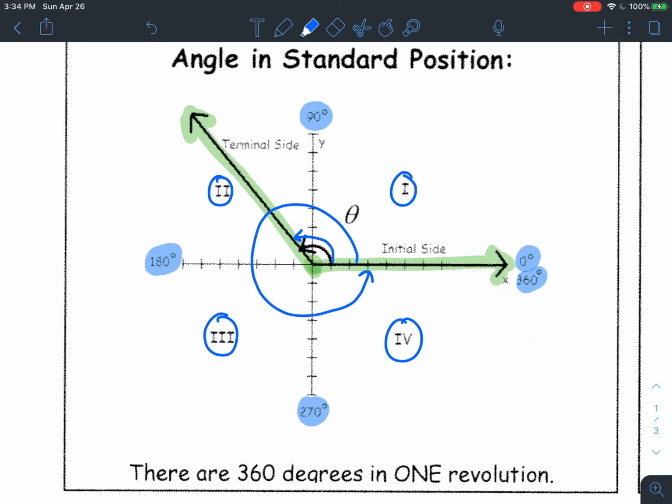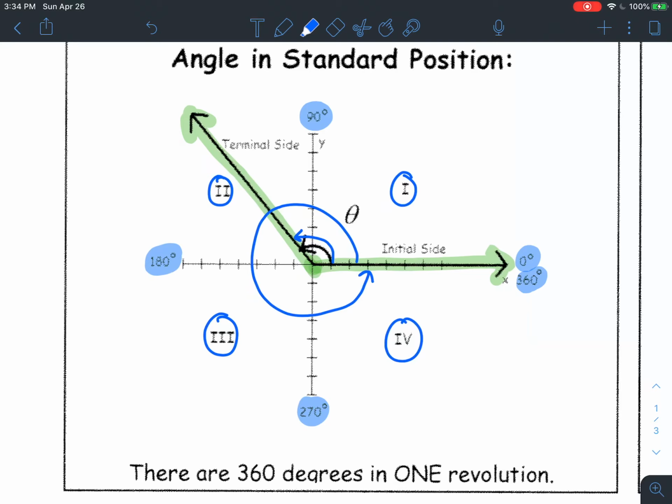Another thing that standard position allows us to have is angles of both positive and negative value. And like I had said, my initial side always starts here at this positive x-axis, and as I rotate counterclockwise up first, that's a positive angle.